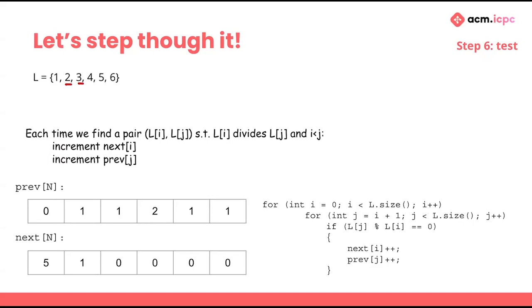So what this basically means, I'll just give one last example. For this element here, which corresponds to number 4, there are 2 elements that go before it in the original array that divide it.